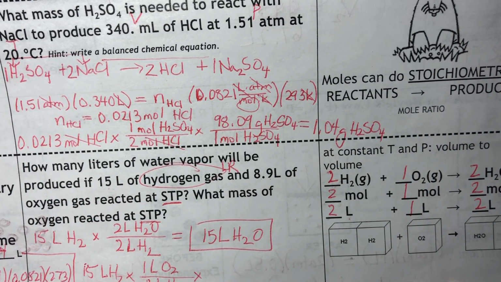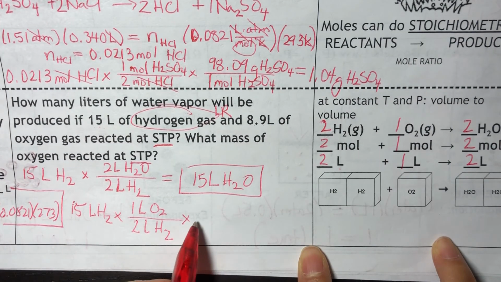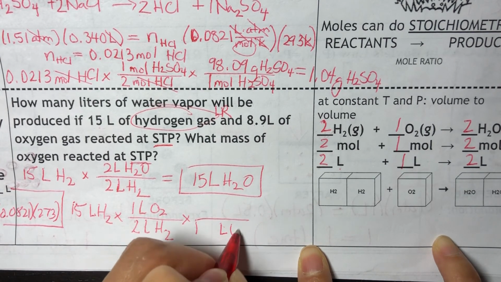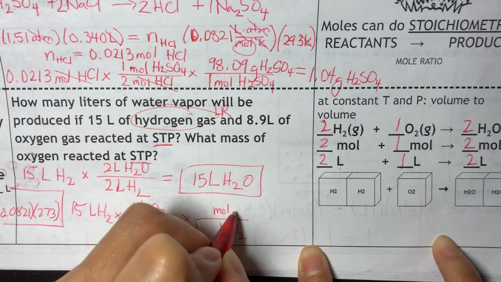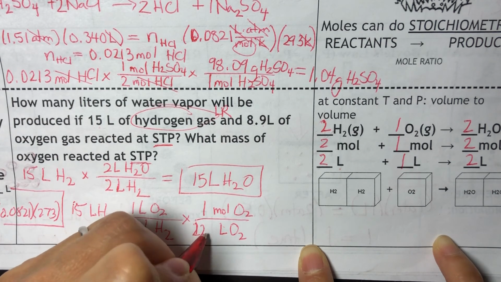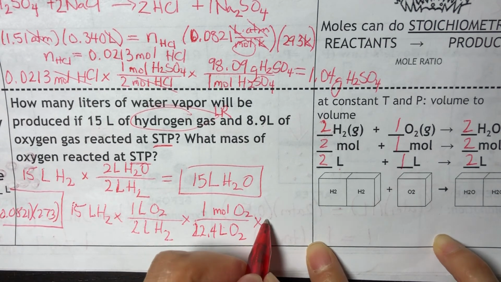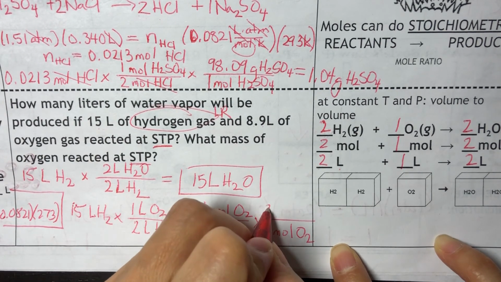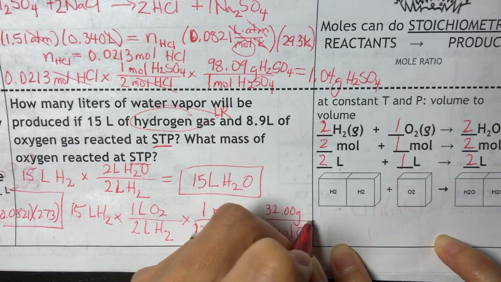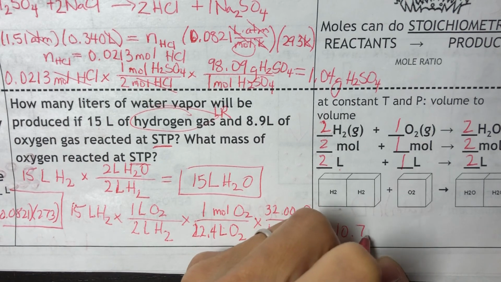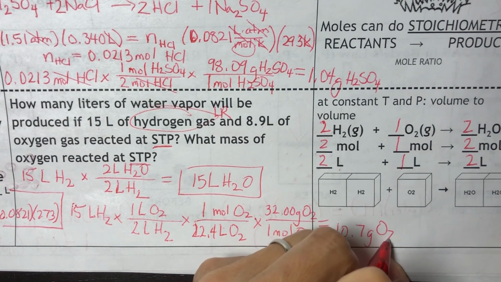And then to get to mass, I have to convert my liters to moles. So 1 mole has 22.4 liters. And then in 1 mole, there's 32 grams of oxygen. And my final answer is 10.7 grams of oxygen.